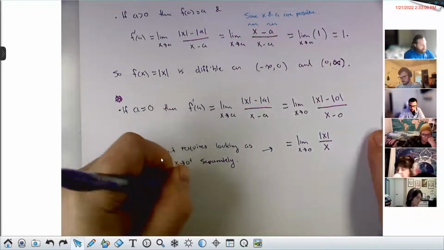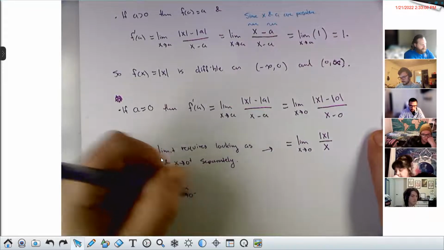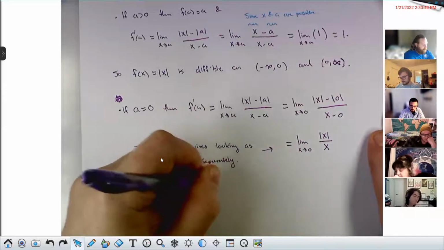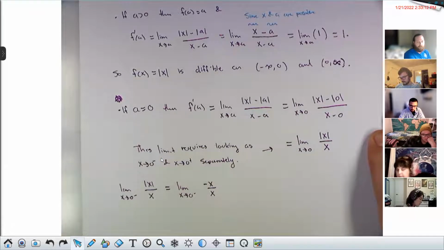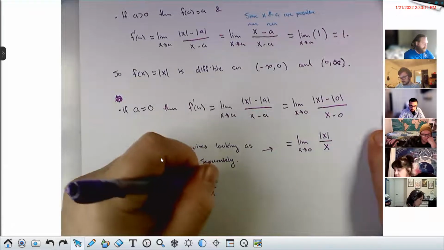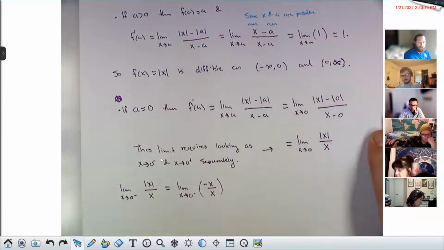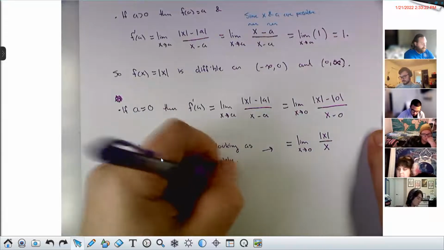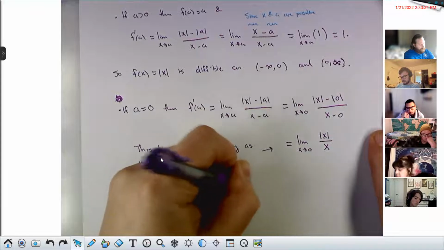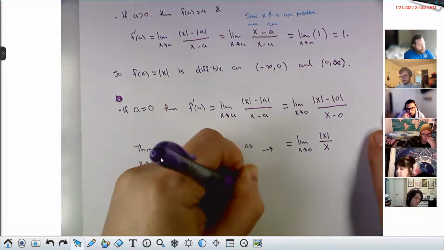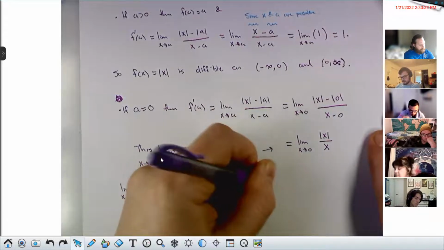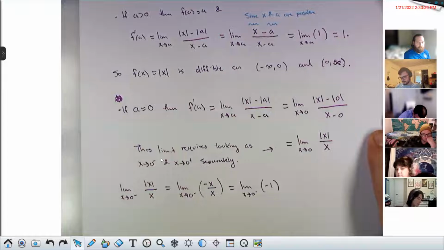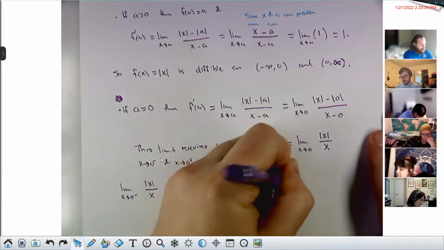So this would be the limit as x goes to 0 minus of negative x over x. And negative x over x, there I can cancel. No more absolute values. I just get -1. So this is the limit as x approaches 0 from the left of the constant function -1. And the limit of a constant is the constant. So this is -1.